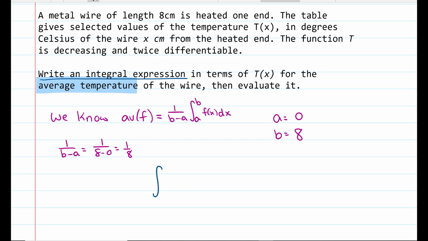So the average is 1 over 8 times the integral from 0 to 8 of T of x dx. This part answers the first portion of the question.